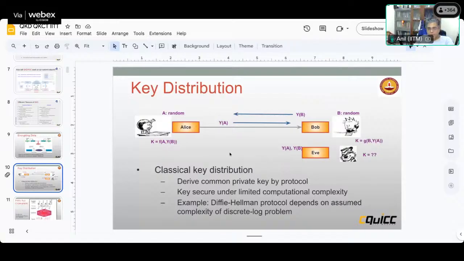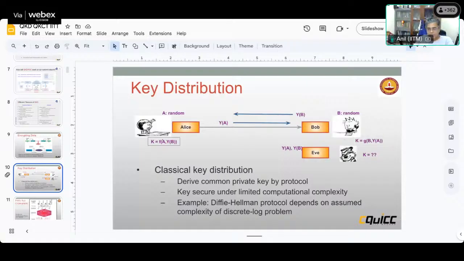So classically, what we have been doing is this: we have some random key and a function, and we create a function that we send across, y of a, and at the other end, the receiver sends back y of b, whatever b is, and both of them have the same key at the end, k.